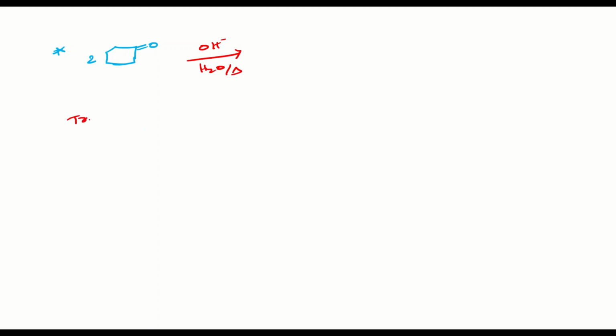So again I'm going to use the trick. If I take cyclopentanone, in one molecule I'll take 2 hydrogens as discussed. In another molecule I'm going to take the ketone. You can see both are the same only. Don't get confused. This is cyclopentanone, and this is also cyclopentanone.